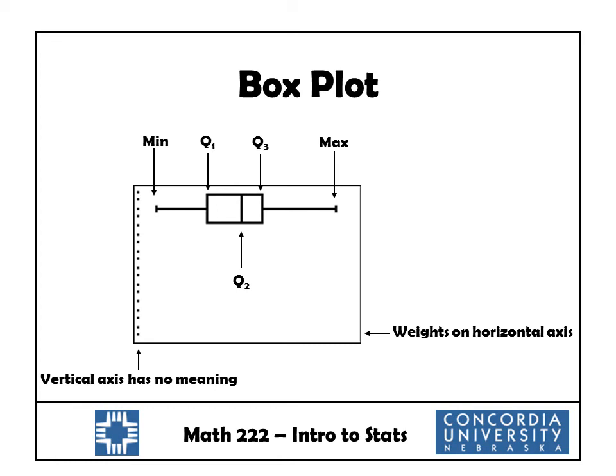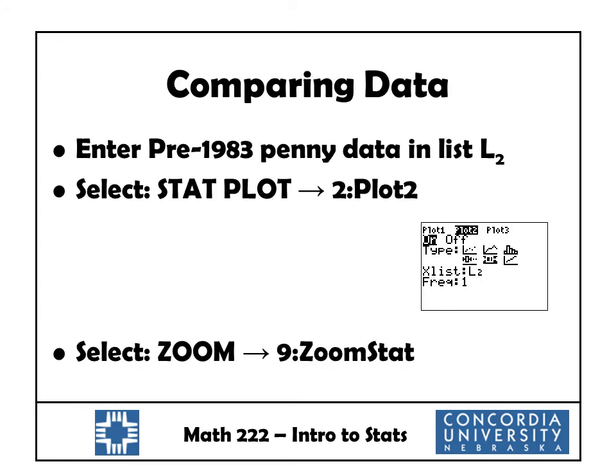Now one use of box plots is that it allows us to compare sets of data. So if you enter your pre-83 penny data into list L2, select Stat Plot, and then Plot 2, you can format your window so it looks like this.